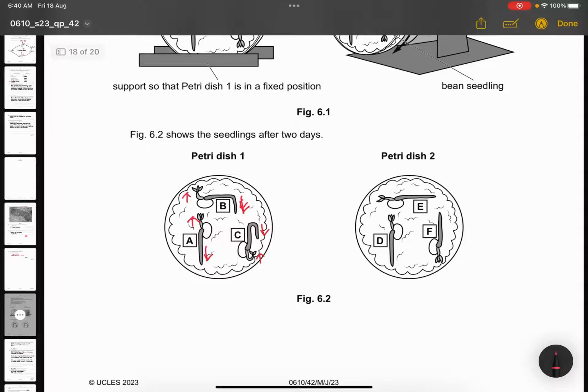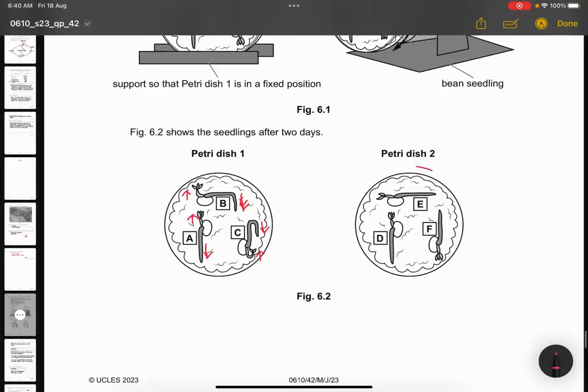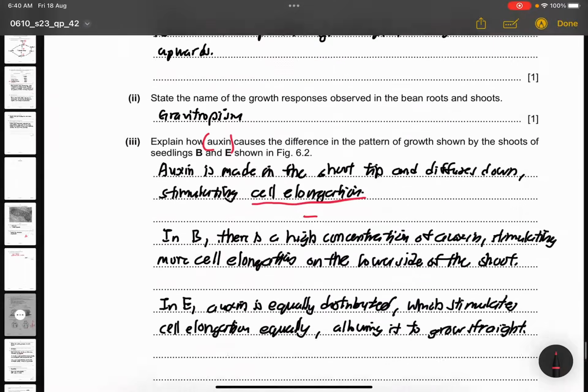So you can see that because it is rotating, auxin is equally distributed. So when you turn around, the auxin will still diffuse equally. So it looks something like this, that there's equal auxin on the left and right. Therefore, it doesn't move to either side. It only moves up. Okay.